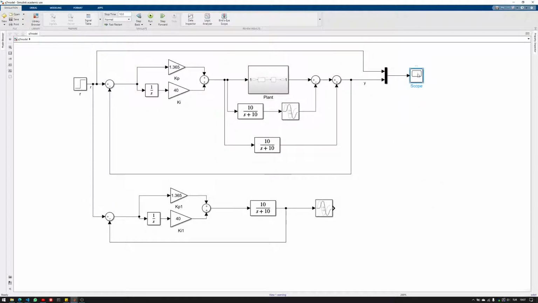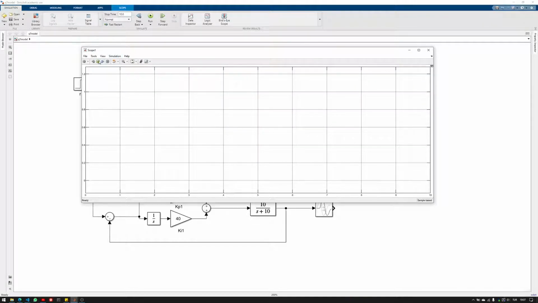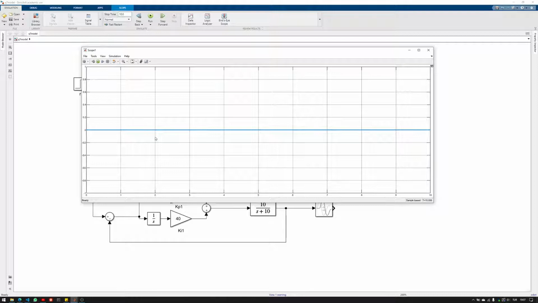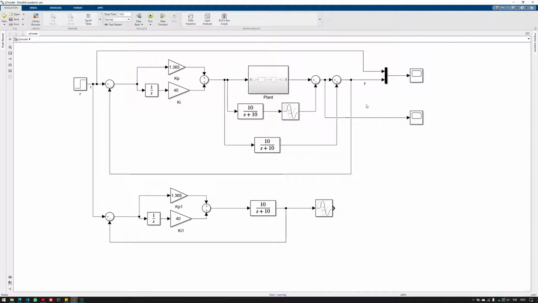Now let's also see what the output of this difference is, because that's also important. Let's run it. As you can see, it is 0. Now this difference should be 0.